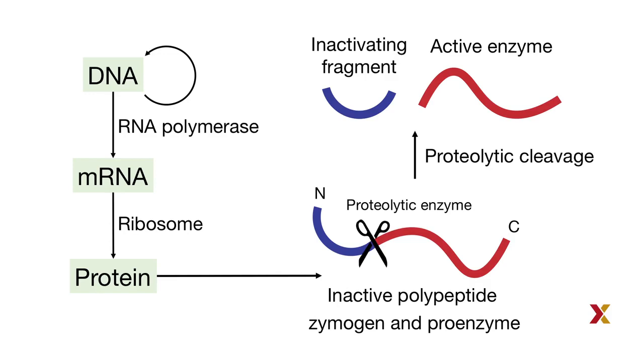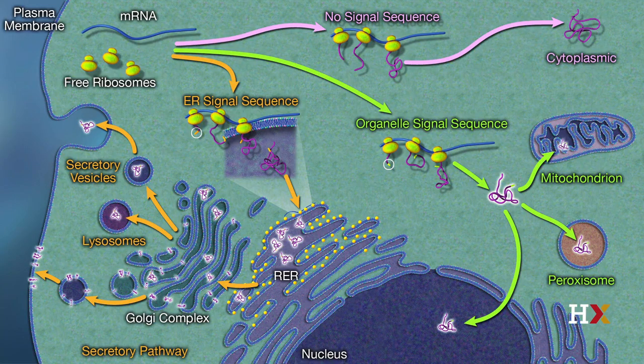While these cleaved-off regions inactivate the enzyme, they are in some cases necessary for the stabilization and proper folding of the zymogen. The inactivating peptide cleaved off during the activation of a zymogen should not be confused with signal peptides located at the N-terminus of proteins and used to direct proteins to a specific intracellular compartment.